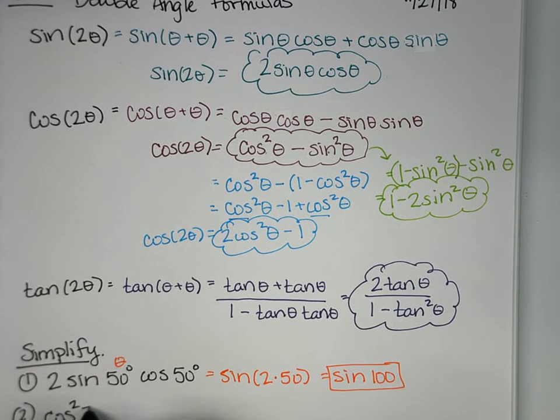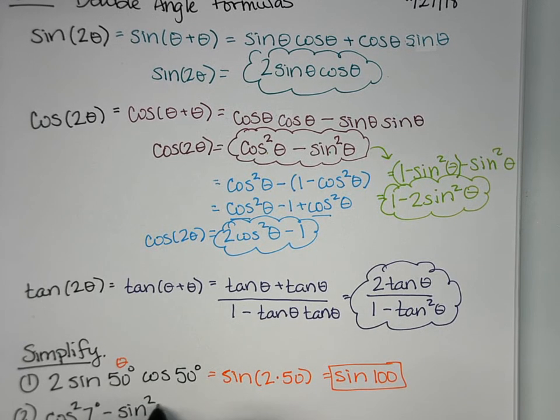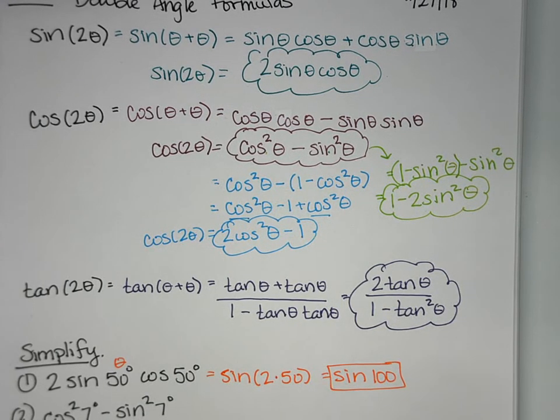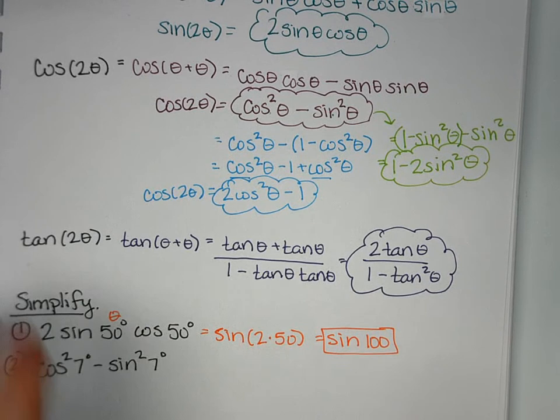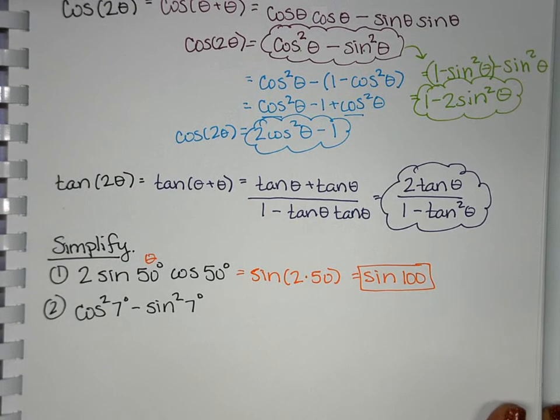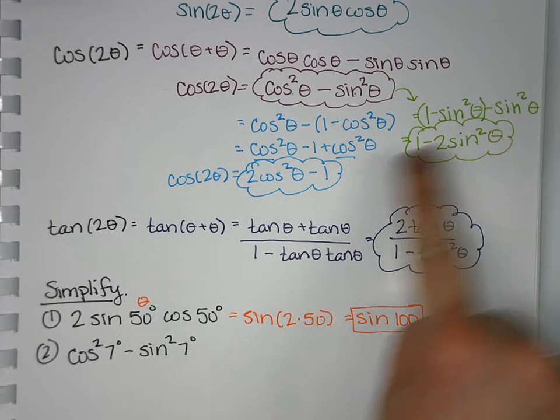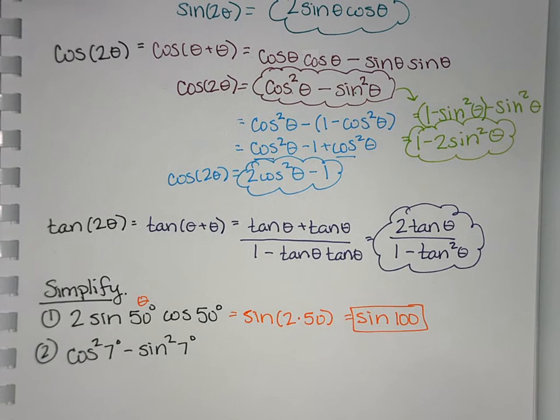For our next one, we're doing the same thing. We have cosine squared 7 degrees minus sine squared 7 degrees. So which of these does it match? And these are working backwards, if you want to call it that.